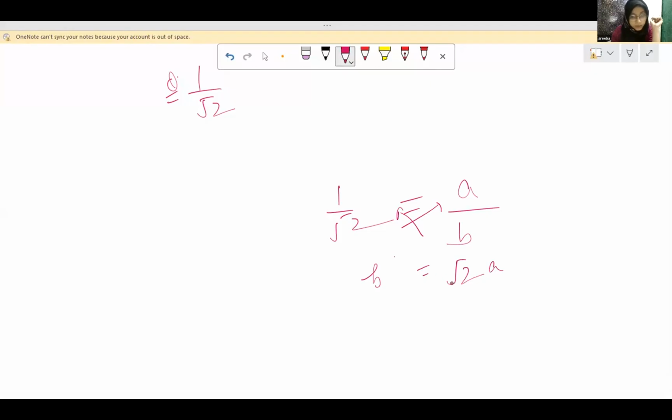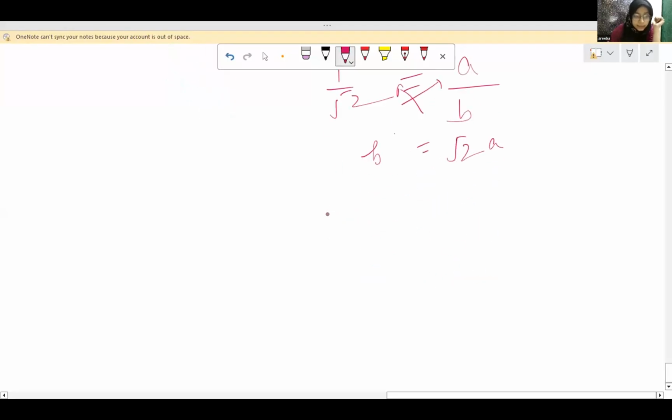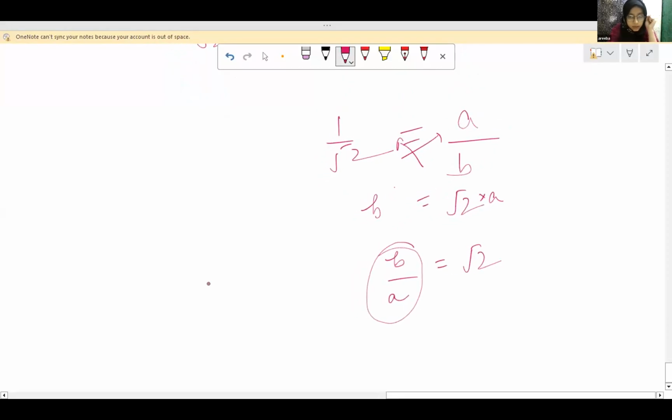Yes or no? And a will come here because it is getting multiplied, so a times b is equal to root 2. B and a I am already considering as integers and rational numbers. Yes or no? And root 2 I know is an irrational number.